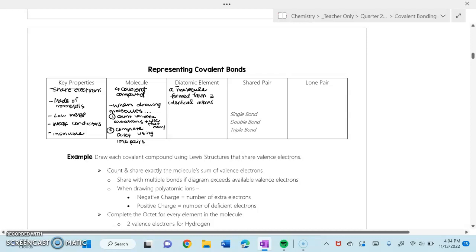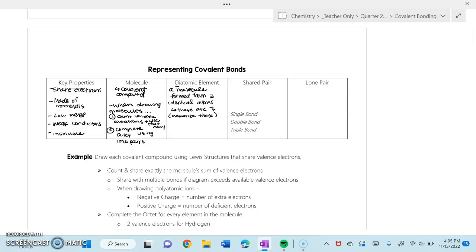Di means 2. So diatomic, molecule formed from 2 identical atoms. There are 7. And we are going to memorize these. We've listed them before, but now we're going to get a little bit more serious about memorizing these. It will come in handy when we do naming and when we work on reactions next semester.